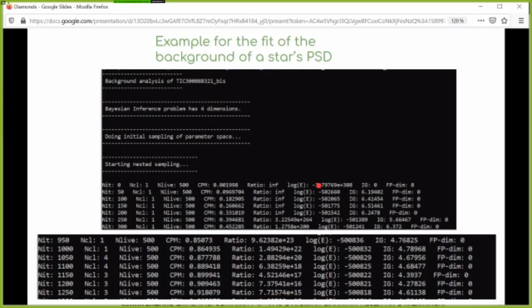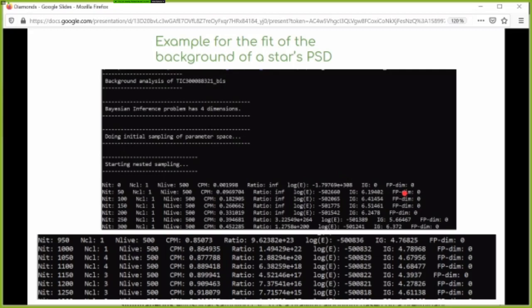And here we have a projection factor, which is not used here, set to 0, but uses the principal component analysis. Why? Because if you use it, the computation will speed up, but you can lose information. So you don't use it all the time. You use it only if you have a very high signal to noise ratio.